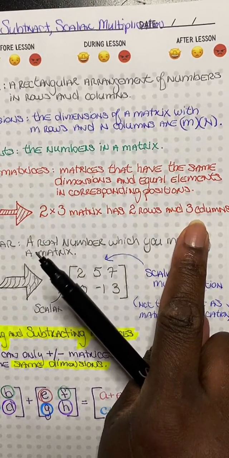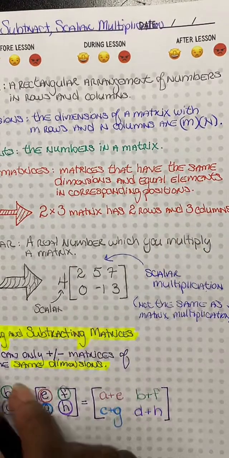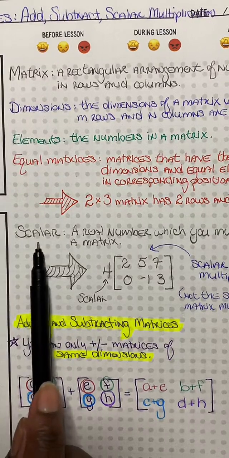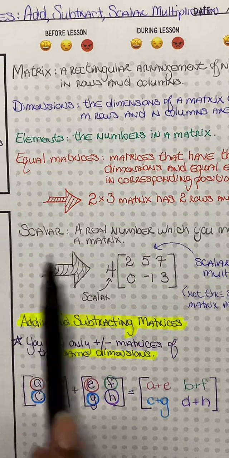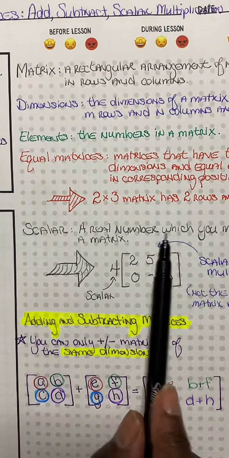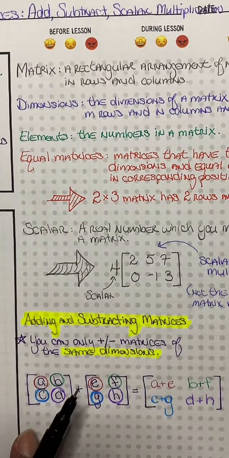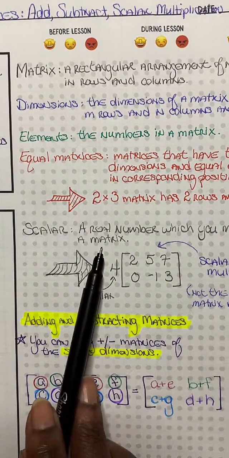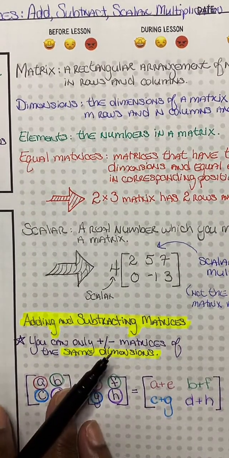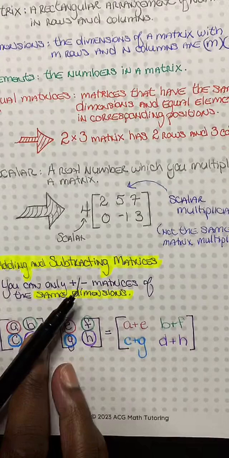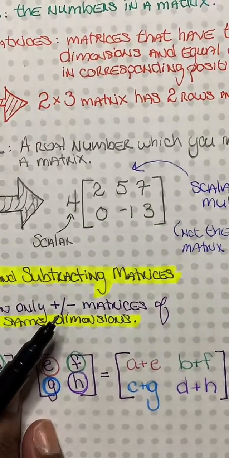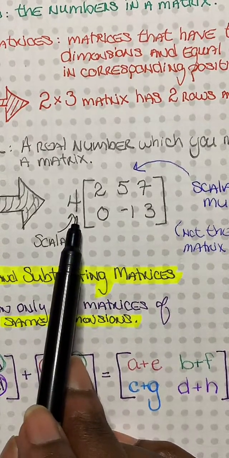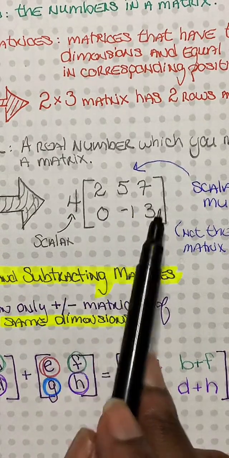Now when I'm combining and looking at what's called a scalar, okay? A scalar is basically a real number. Sometimes it's a positive, sometimes it's a negative number, by which you multiply the matrix. If we take a look at this one down here, we have our scalar, which is the 4, and we have our elements.